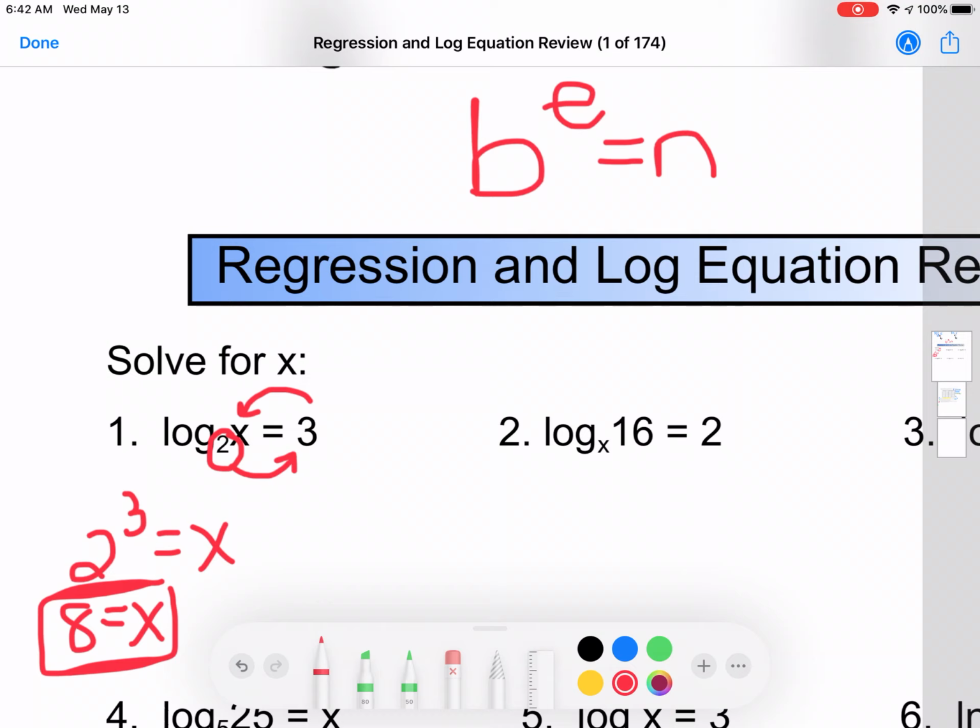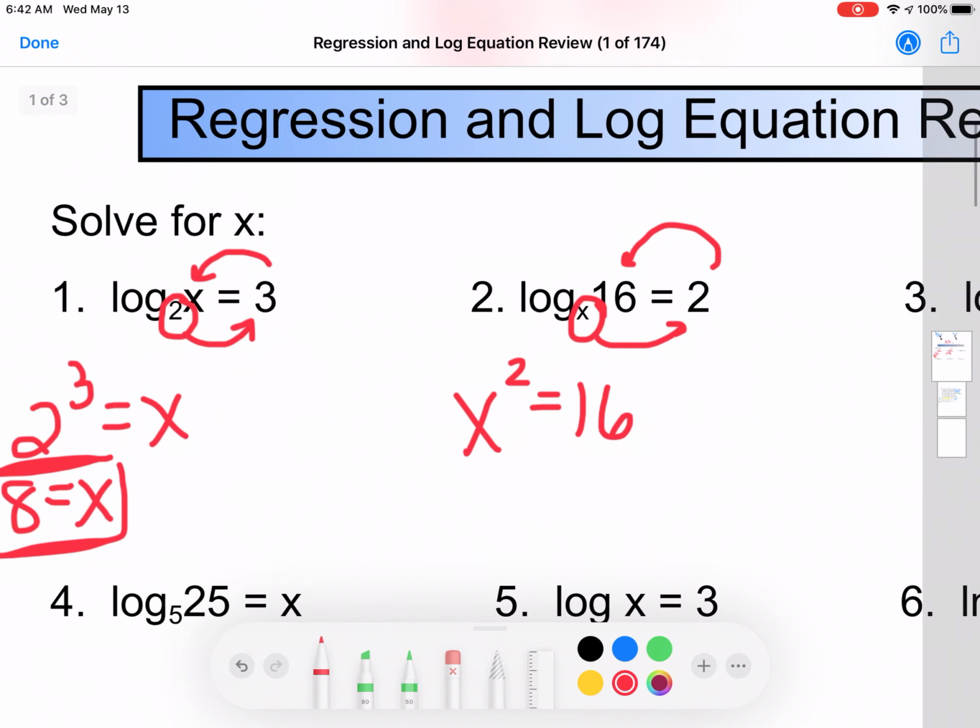Let's try it again. b to the e equals n, so x squared equals 16. Now be careful here. If you were to take the square root and get x equals plus or minus 4, remember this can only be positive and this can only be positive as well. So x equals positive 4.